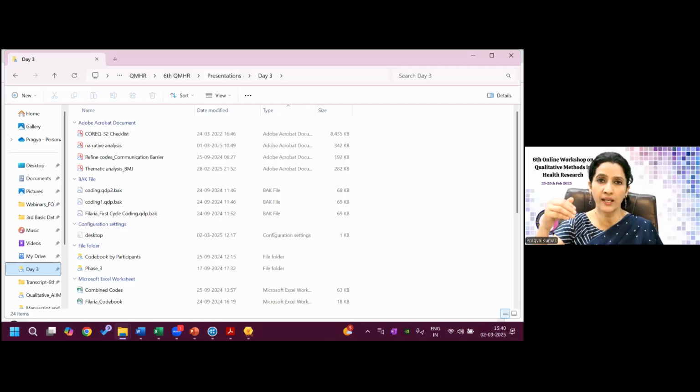If you go for second cycle coding, we have learned that we go for focused coding where we form the categories and find the relationship between the categories. That is axial coding. You may not come up with a selective code, but if you have performed axial coding on your data, that's also a grounded theory approach. So you may write in the data analysis that you performed the grounded theory approach with focused and axial coding, and theoretical coding may or may not be done.